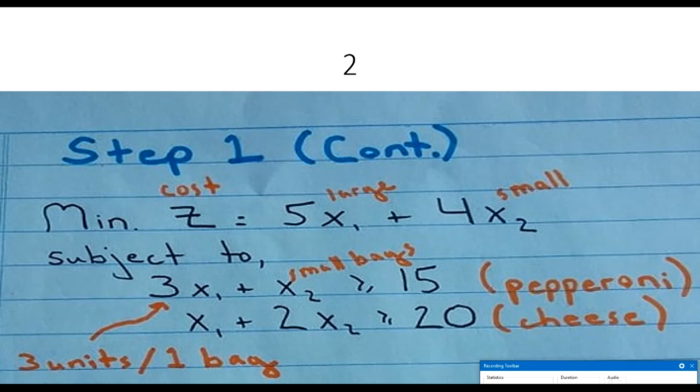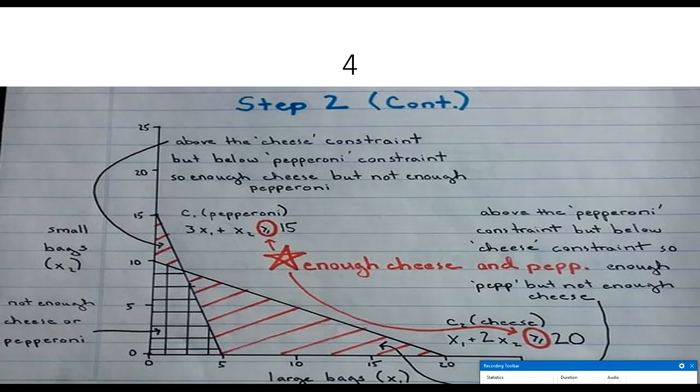We make x1 equal to 0, 2x2 is equal to 20. 20 divided by 2 is x2. x2 is equal to 10. So 0 x1, 10 x2. And we see that here. This line is the same. We did exactly for the first line what we did for the second line.